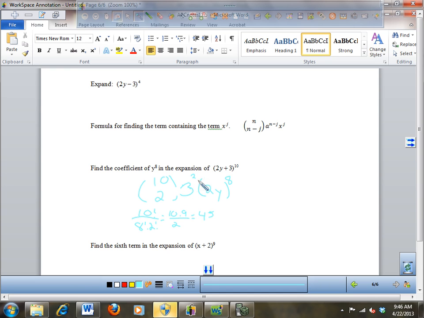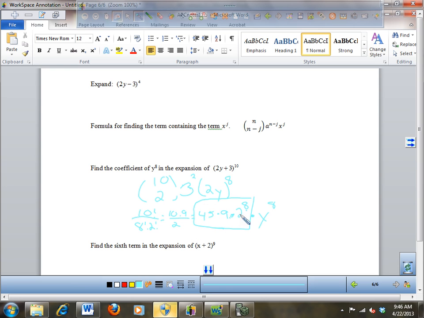So it's 45, times 3 squared, which is 9, times 2 to the 8th power, times y to the 8th. What they're asking is what is the coefficient? This would be the coefficient, but you have to multiply it all out. So 45 times 9 times 2 to the 8th gives the coefficient.